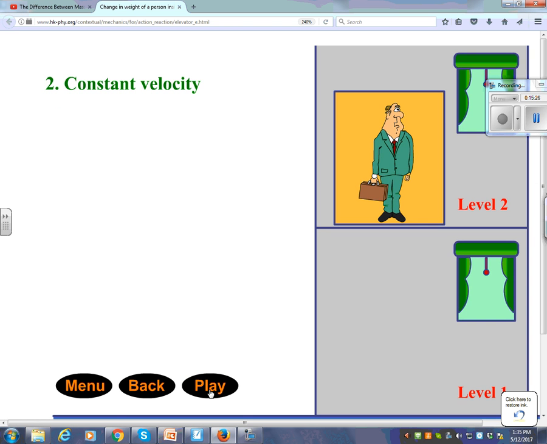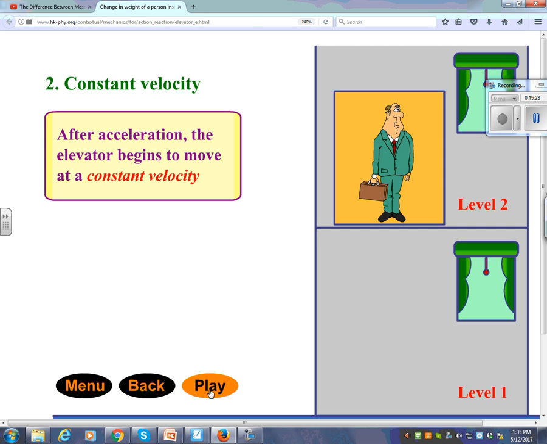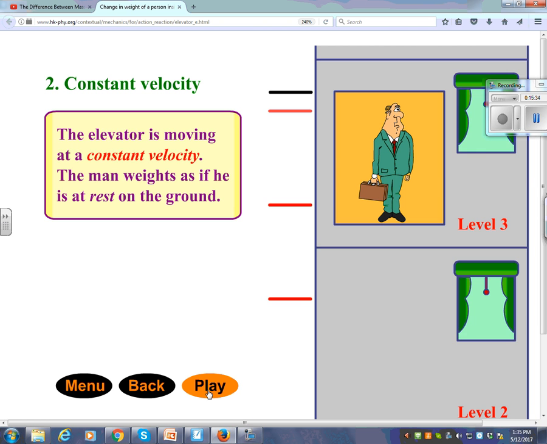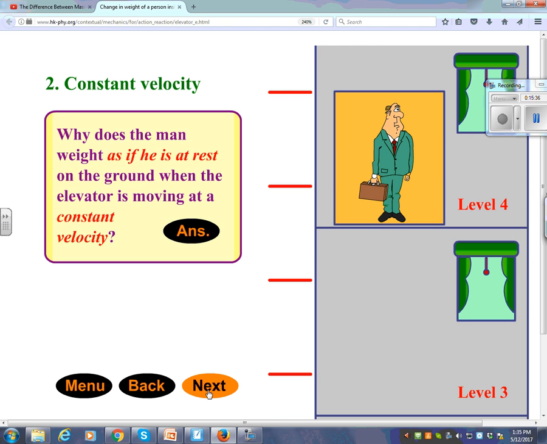Now what happens? Now he's moving at a constant speed. How does he weigh? How does he feel? He feels normal. Pun intended. Okay, moving at a constant velocity. That's the key. Why does the man weigh as if he's at rest on the ground when the elevator is moving at a constant velocity?